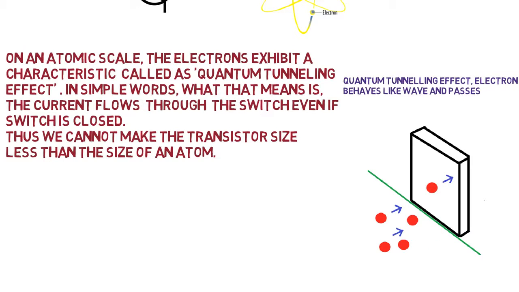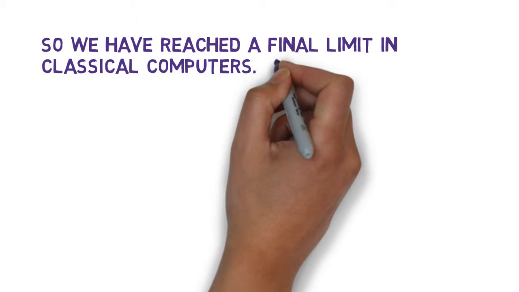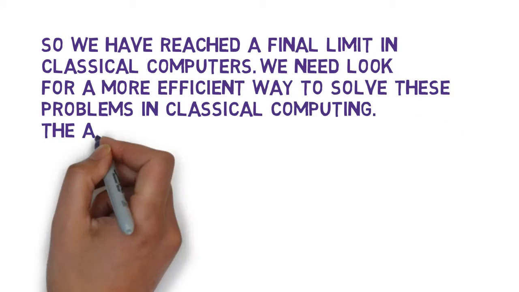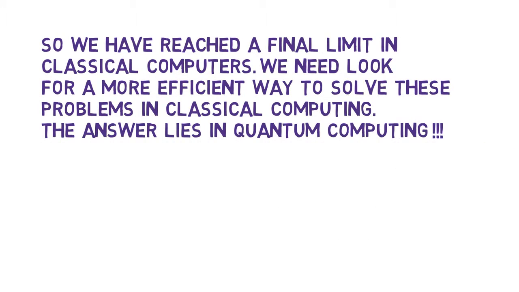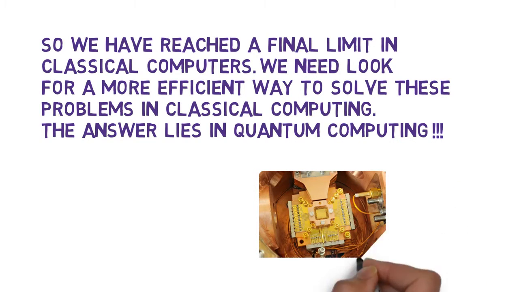Thus, we cannot make this transistor size less than the size of an atom. So we have reached a final limit in classical computers. We need to look for a more efficient way to solve these problems in classical computing. The answer lies in quantum computing.